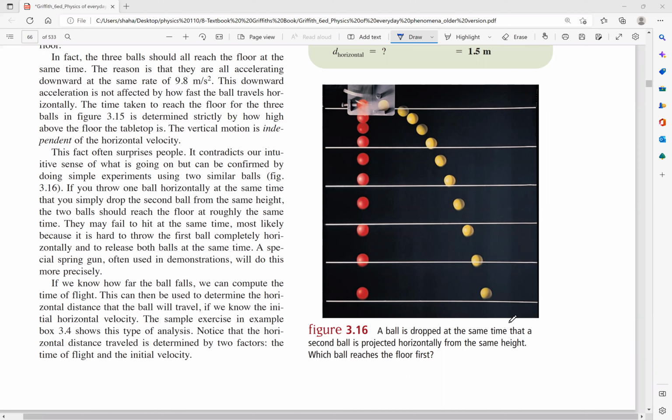The first object is released from a specific height. The second object or projectile is launched to the right from the same height. Therefore, here they have the same height.